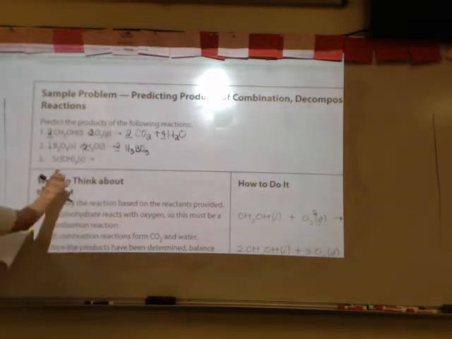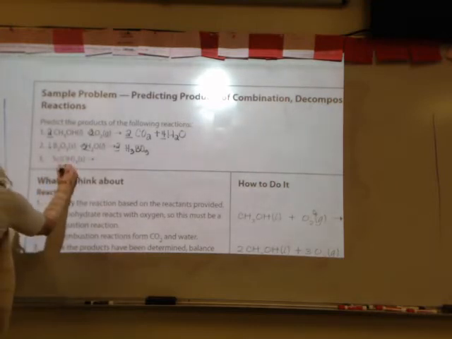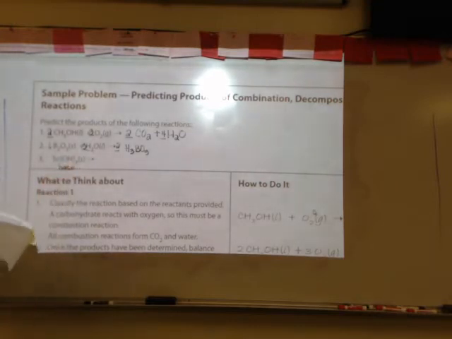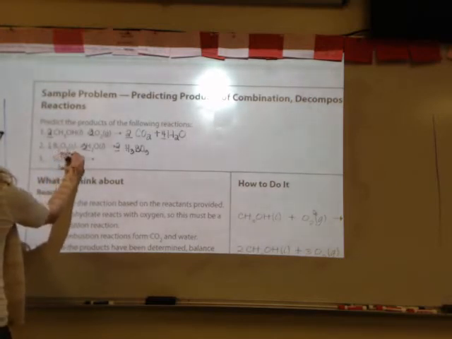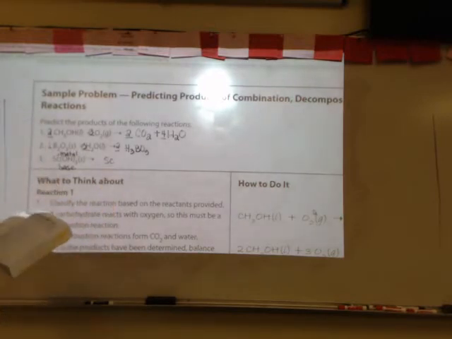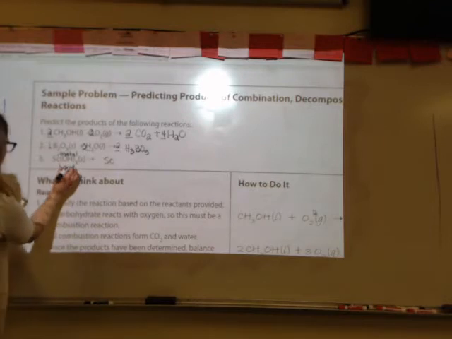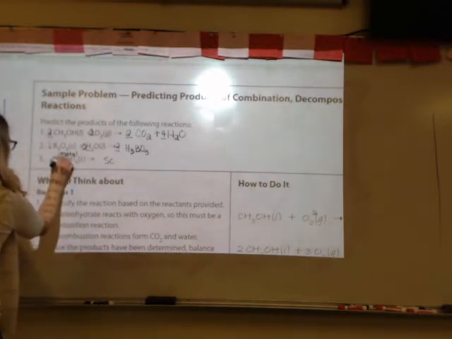For number 3, this is a decomposition reaction, and this is a base because it has a hydroxide in it. And when bases decompose, they form a metal oxide and water. The metal here is scandium. So scandium has a +3 charge, because that is the charge that you would calculate on the metal.